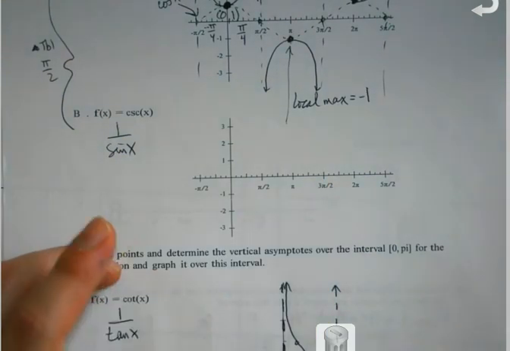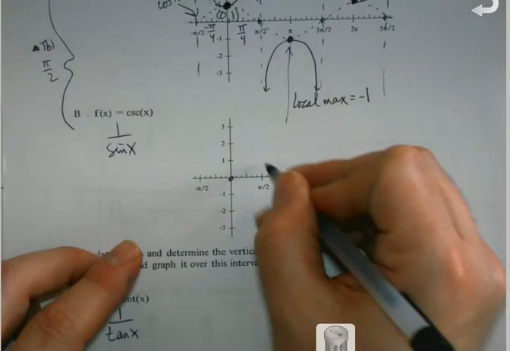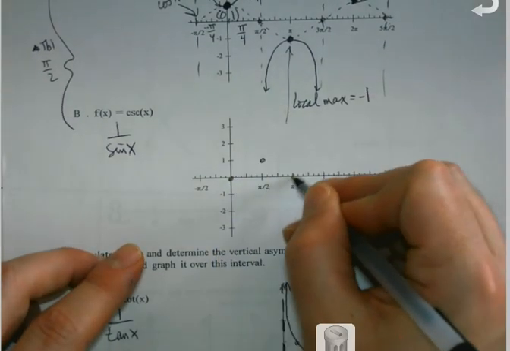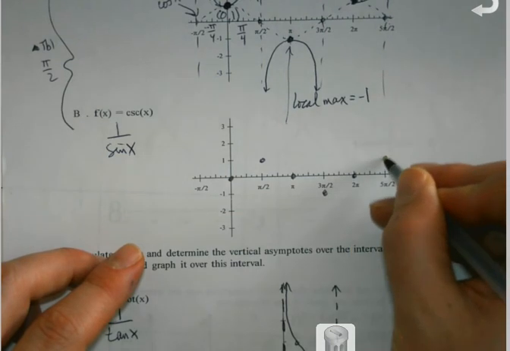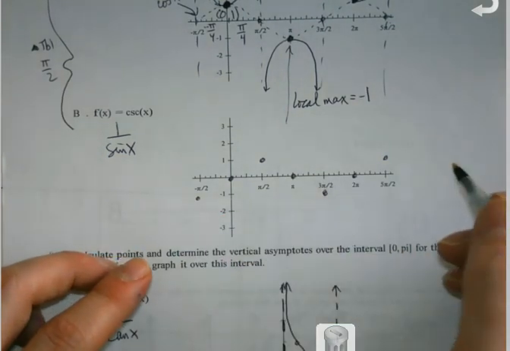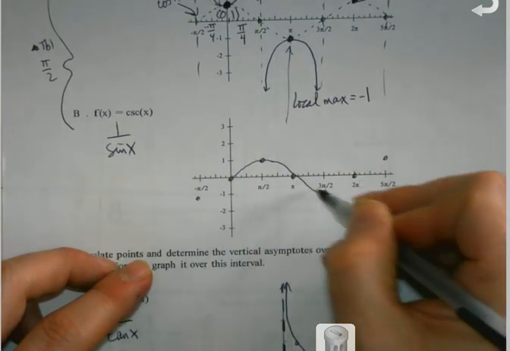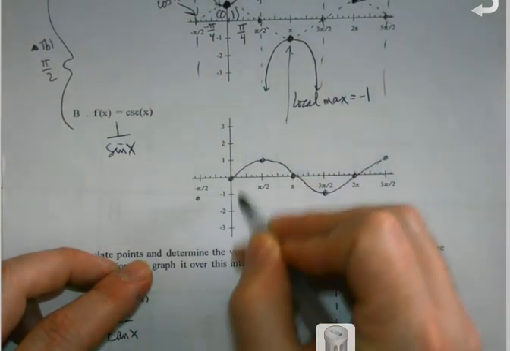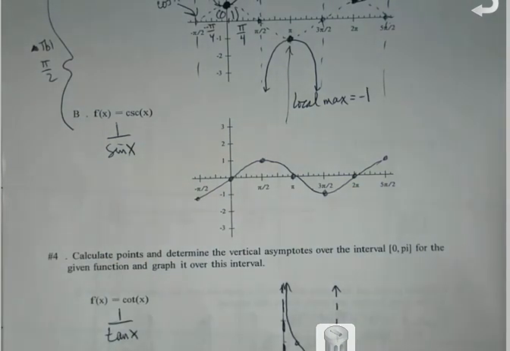So if I made my typical sine graph, so 0, 1, 0, negative 1, 0, I could go and go and go. Oh, I wasn't going to connect the dots. Bad me. I'm going to dot this back out.